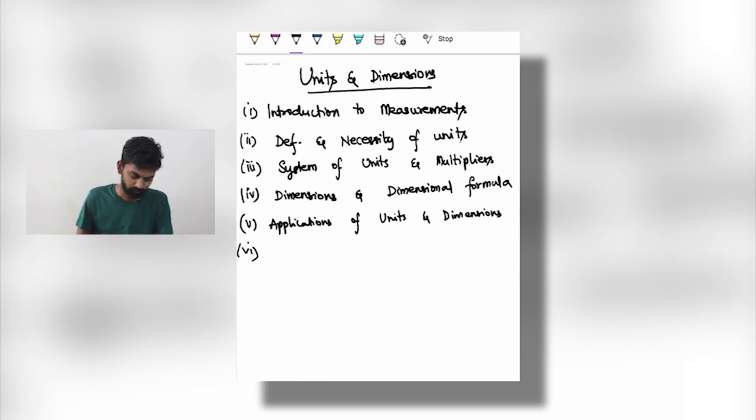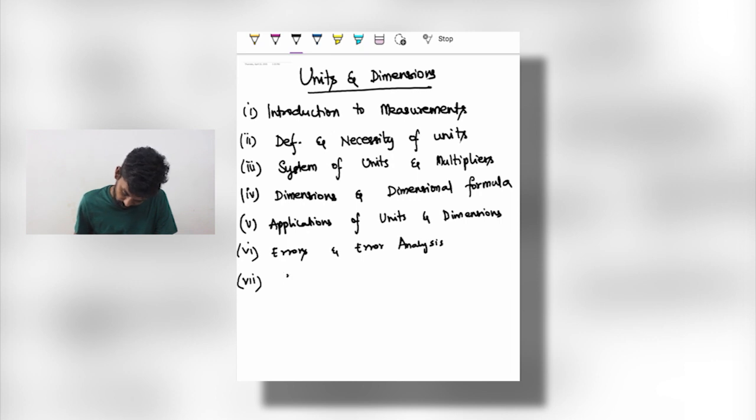Then sixth one, errors and error analysis. Then seventh one, significant figures, while the eighth one would be measuring instruments.